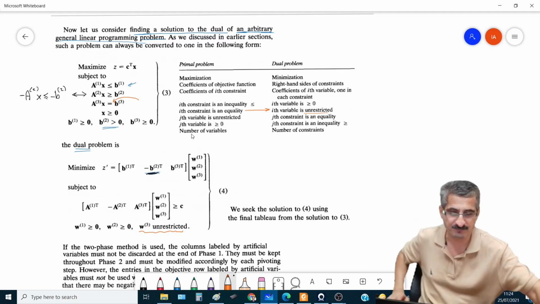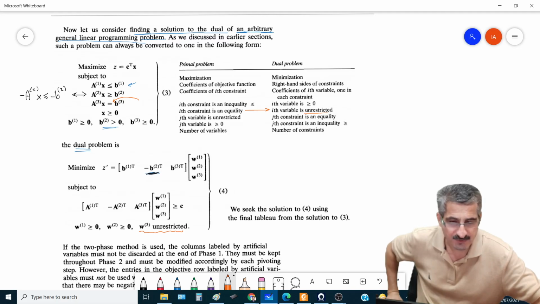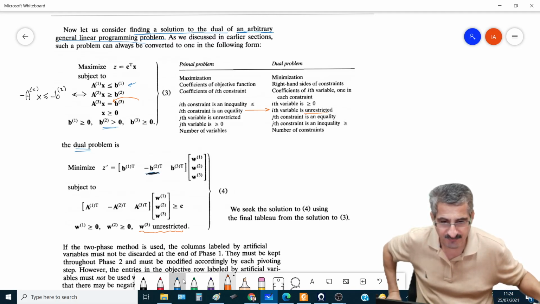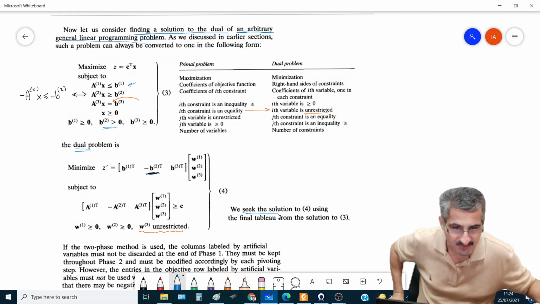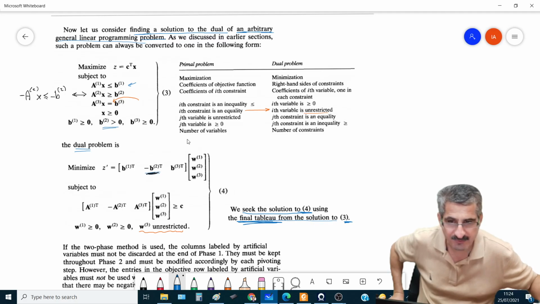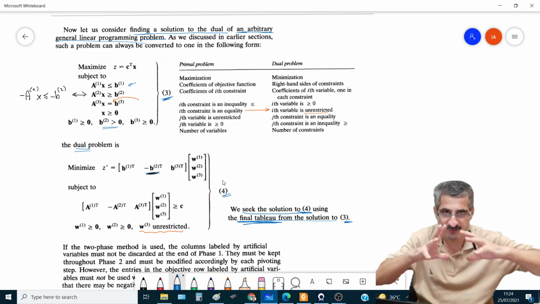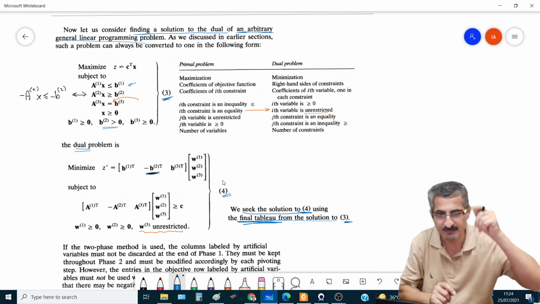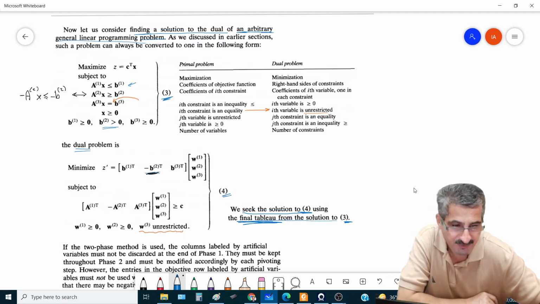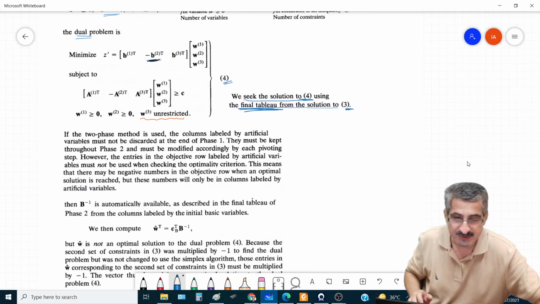Now we seek a solution to 4 using 3 from the final table of 3. This is 3 here. So we want to find the solution using the final table of the problem in 3. How do we do that in general?